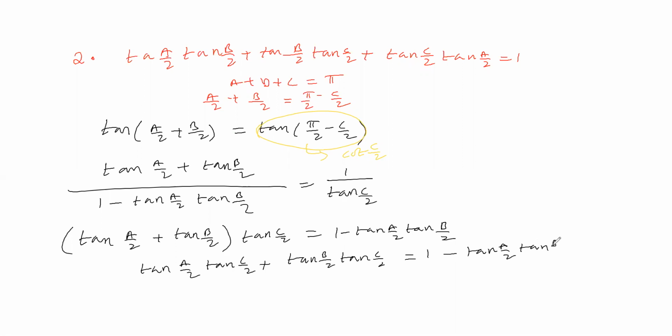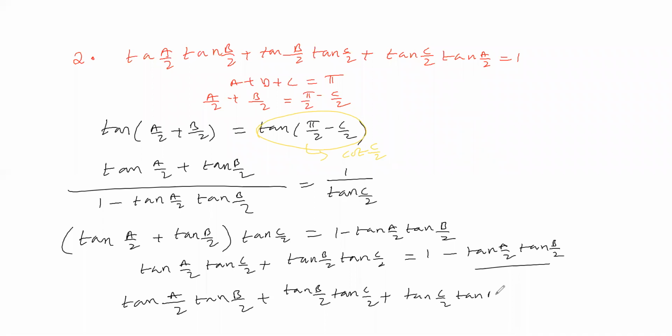Now bring tan A by 2 into tan B by 2 to the left side. Minus becomes plus. So tan A by 2 into tan B by 2 plus tan B by 2 into tan C by 2 plus tan C by 2 into tan A by 2 is equal to 1.